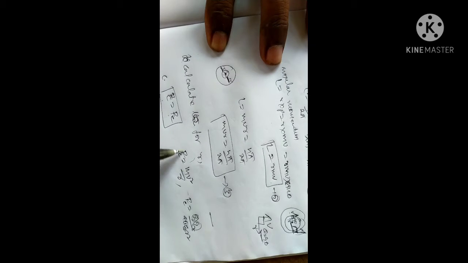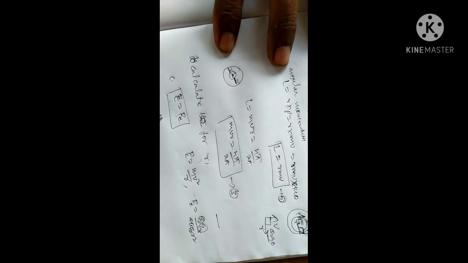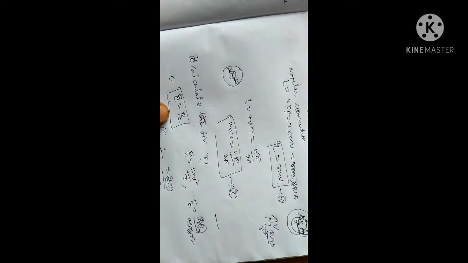From these equations we can compare: mv square by r is equal to 1 by 4 pi epsilon naught into e, the charge of the electron, into Ze, the charge of the nucleus, over r square. This is the formula.